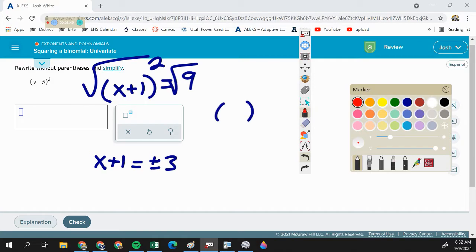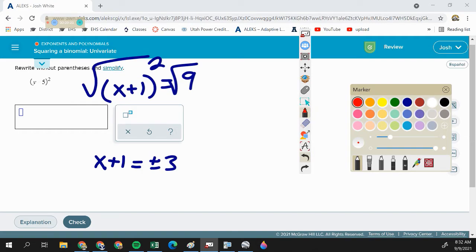If I have something to the second power equals 9, then 3 works, but negative 3 also works. So anytime you square root an x squared, you need a plus or minus. What if you take the third root of x squared? Do you need a plus or minus? No. What about a fourth root? Yes. So anytime the exponent is even, you would need a plus or minus.